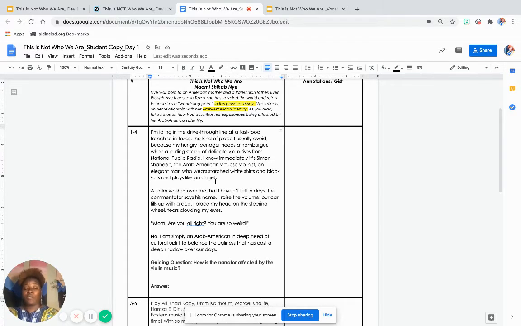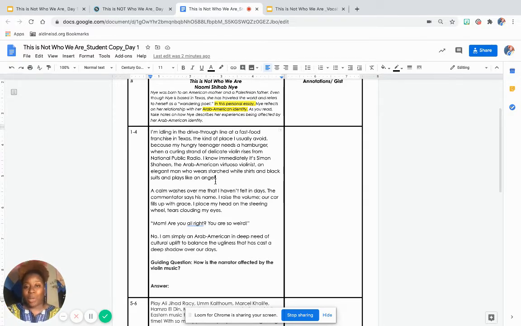And then I'm going to set you off to fly because we've done a story just like this last week. And so I'm hoping that you all will be able to showcase all of your skills, because y'all got skills because you learned it last week. And so you don't need me to walk you through every single one or even two or three at this point. So let's get into This Is Not Who We Are by Naomi Shihab Nye.